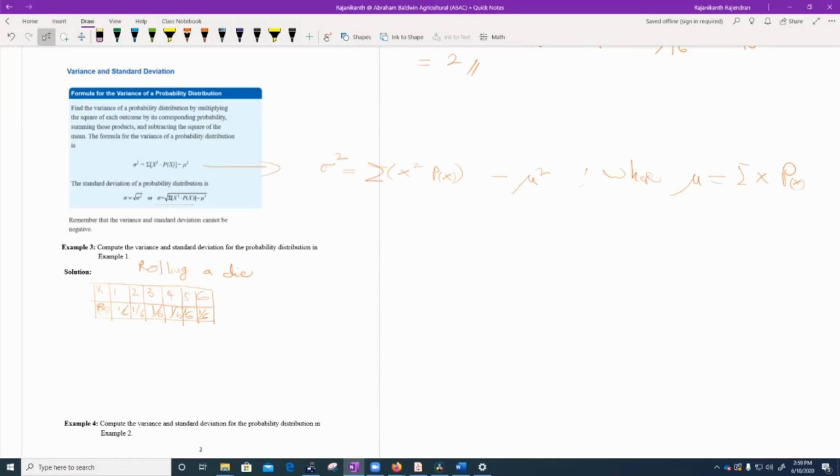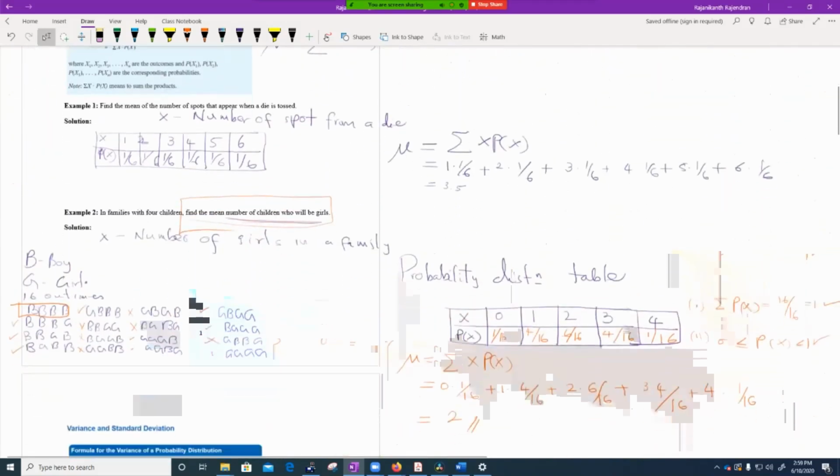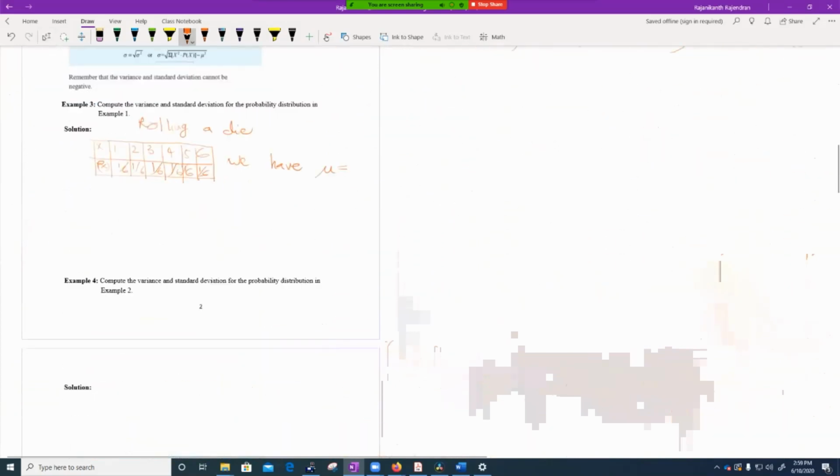Okay. Remember we got the mean from the previous answer. We got the mean as 3.5. So we have that answer; you don't need to do it again. Now I'm going to find the variance.